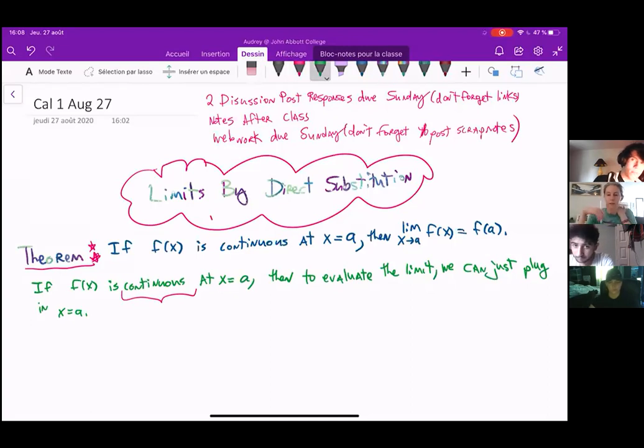Now, another way to think of this, where we stop using new words, is, well, as of right now, when we look at a graph, we can tell if something's continuous, but we don't really know how to look at a function and know where it's continuous.